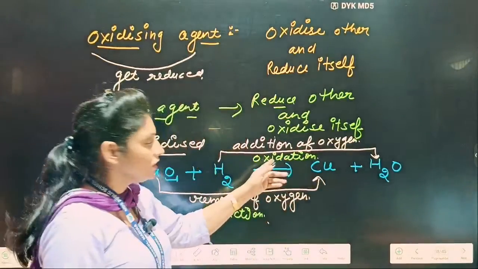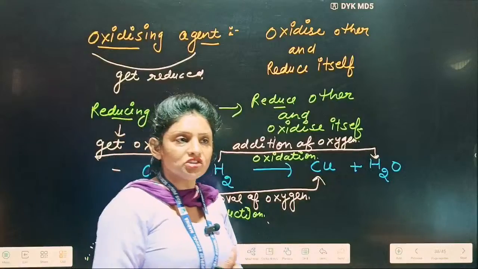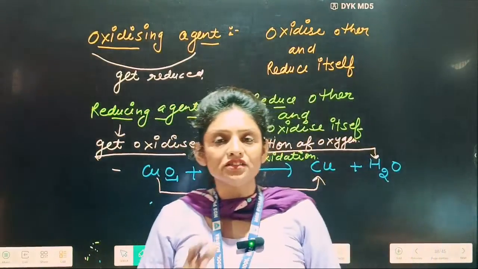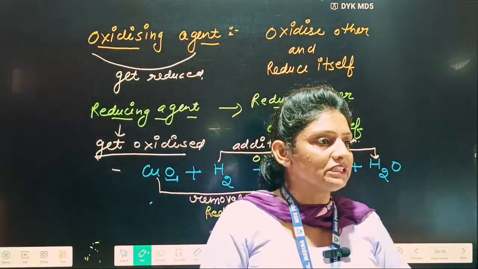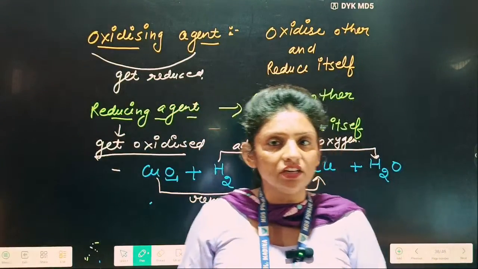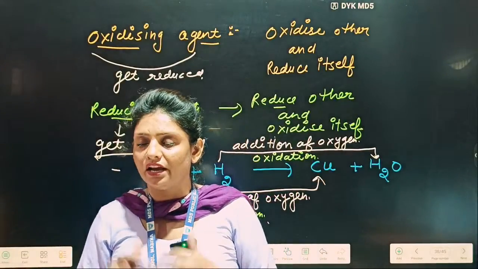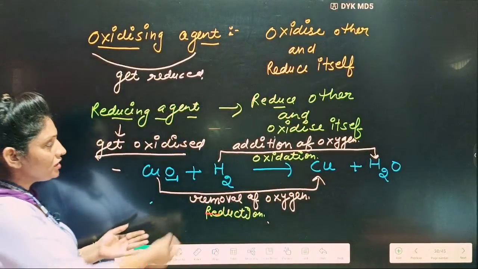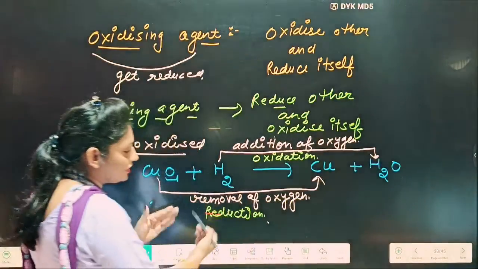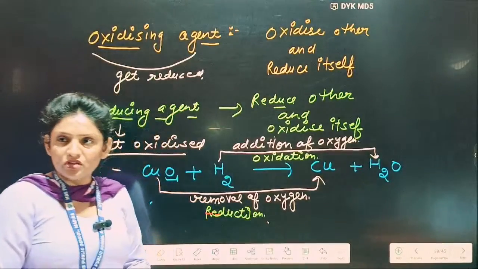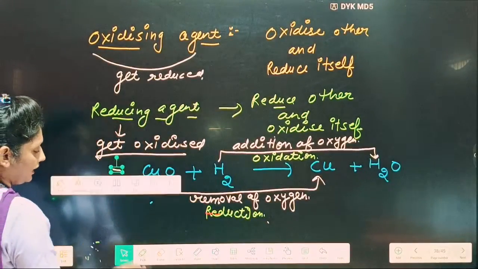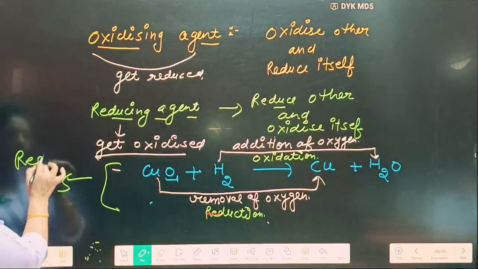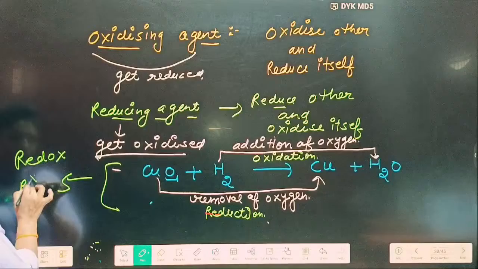So it is the oxidation process, and the reaction in which both oxidation as well as reduction take place simultaneously, that reaction is known as the redox reaction. So you can see in the same reaction oxidation is taking place as well as reduction. So students, combinedly I can say this one is the redox reaction.